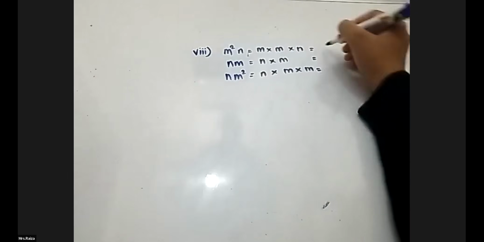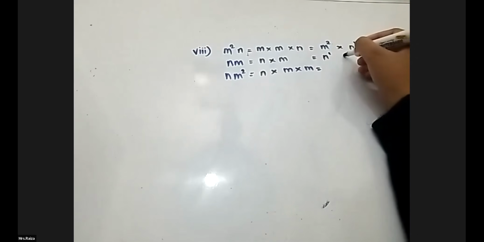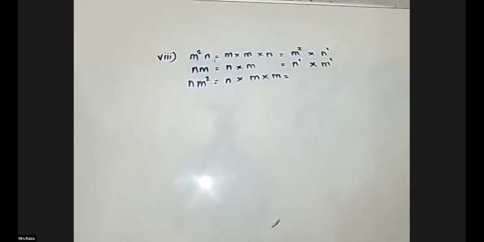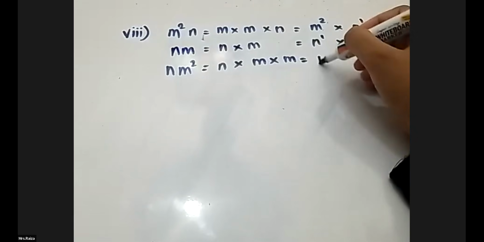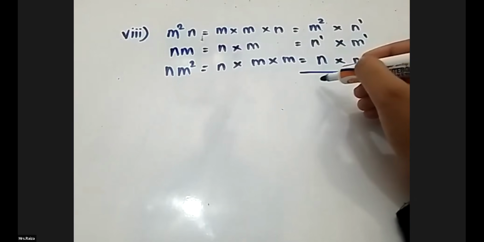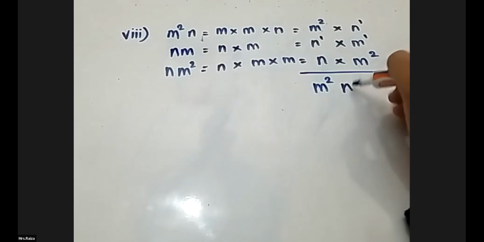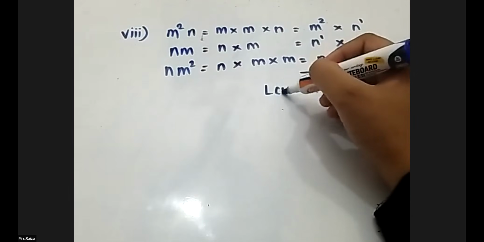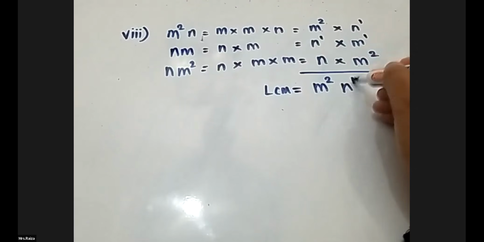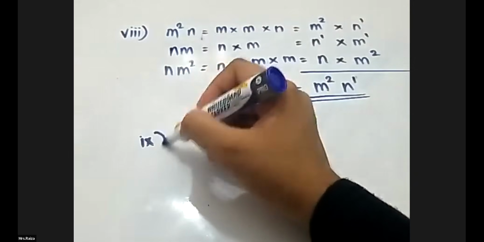If I write as powers, m to the power 2, n to the power 1, n to the power 1, m to the power 1. Then here I can write n into m to the power 2. If I take the highest factor of m, that is m to the power 2, highest factor of n is n to the power 1, LCM is m squared n only. You don't want 1 also, right?